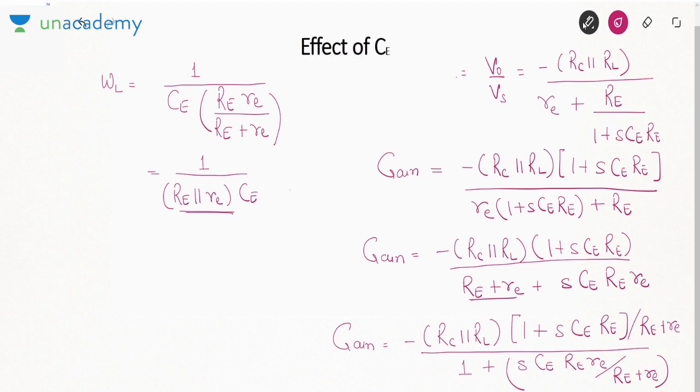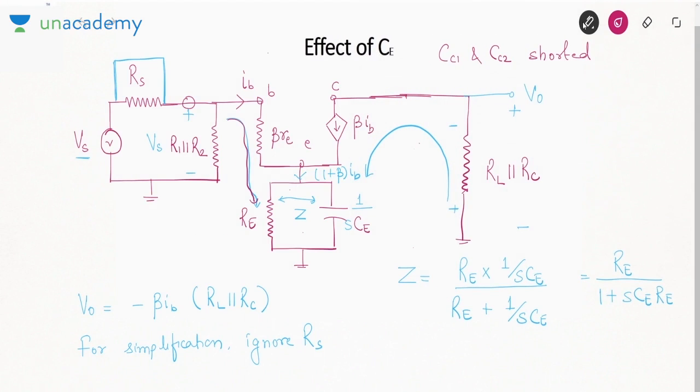This you could have found directly again by finding the Thevenin resistance across this capacitor. How? I have told you, whenever you want to refer the resistance from base to emitter, what to do? Divide by beta. If you divide by beta, it will become small re. It will be in parallel with capital Re.